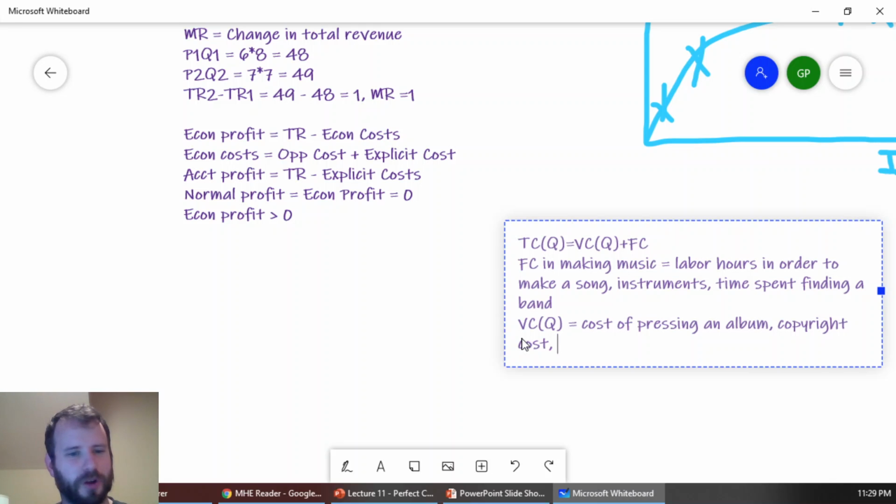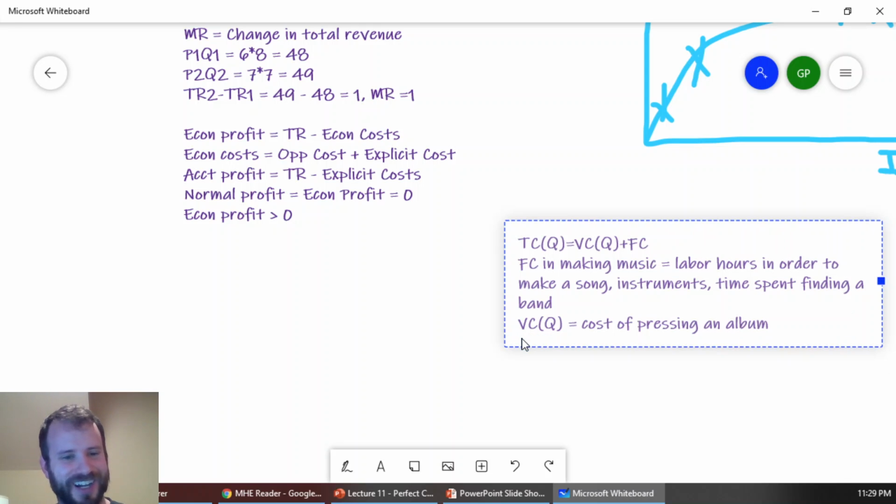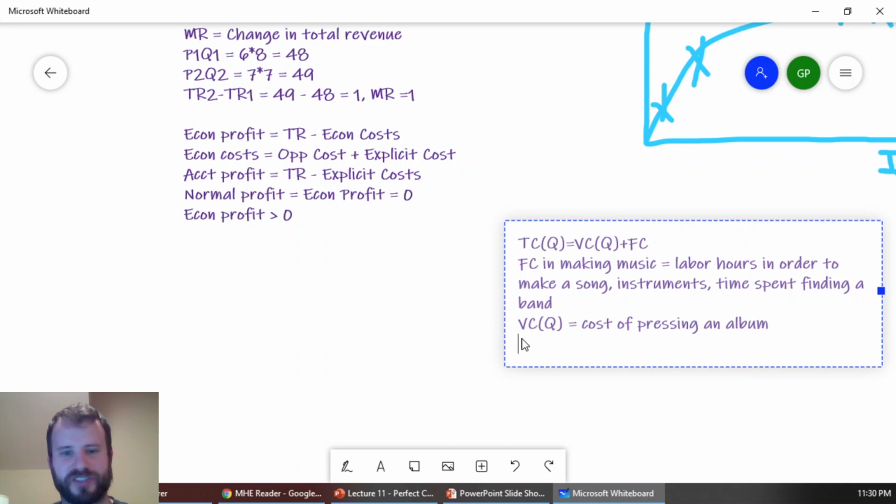Let's just stick with cost of pressing an album for now, because songs is a low variable cost industry. Let's do a different one, because that is probably a bad example.